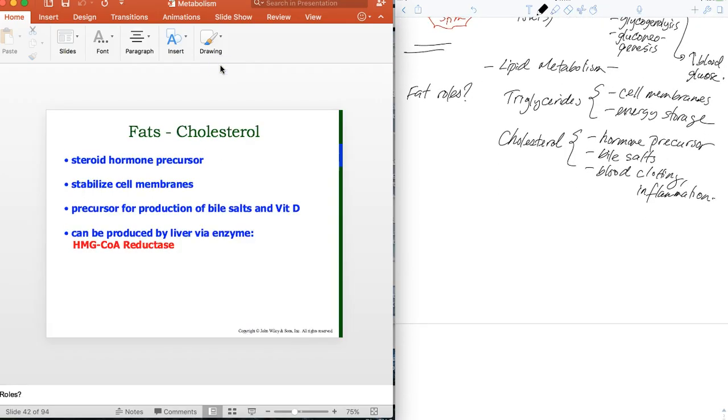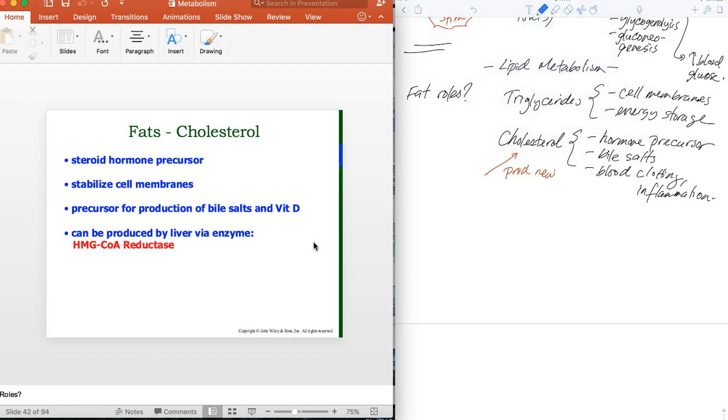Now, a really interesting question is, these are the things we actually just talked about. An interesting thing about cholesterol is that your liver, because it's such an important chemical, can actually produce cholesterol, your own body's new cholesterol if needed, via an enzyme called HMG-CoA reductase. So let's add that note there. Let's say produce new cholesterol.